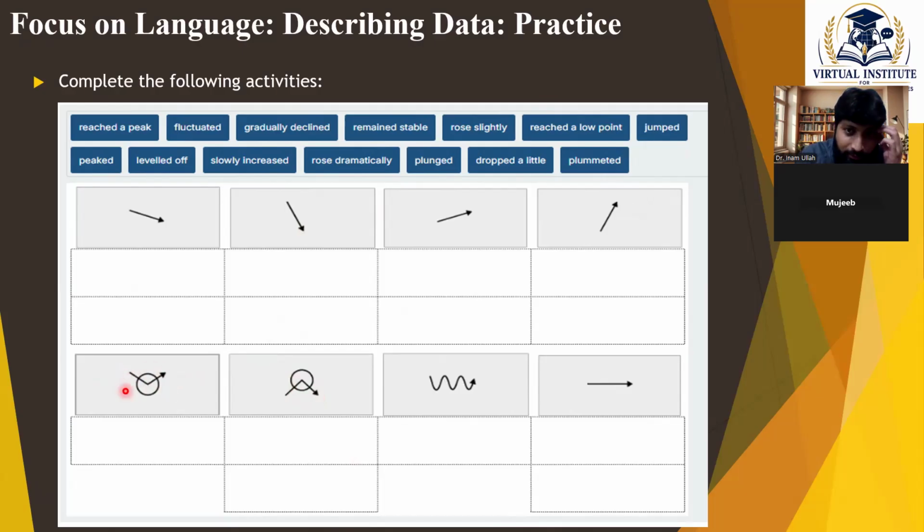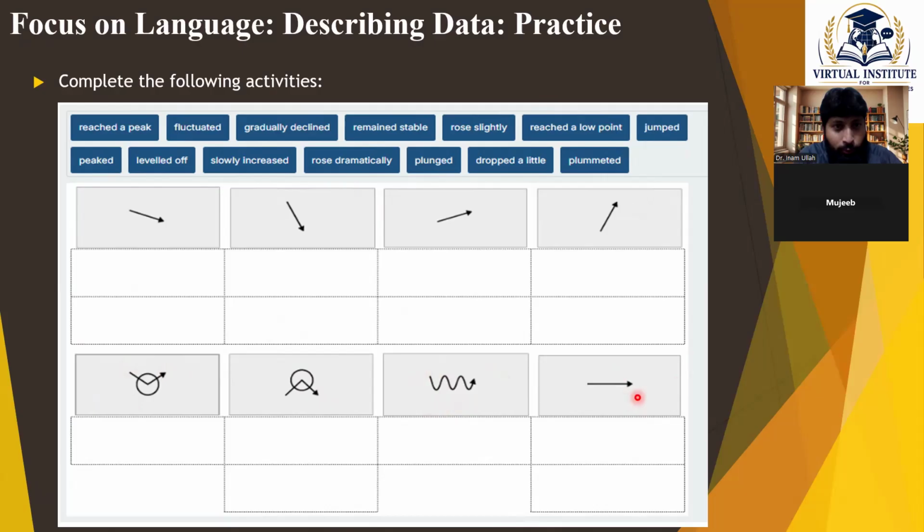Okay, what about this one? You know, it rose dramatically. Why? Because it went down and then automatically it went up. Yes. And this one is already fluctuation, you know it, right?